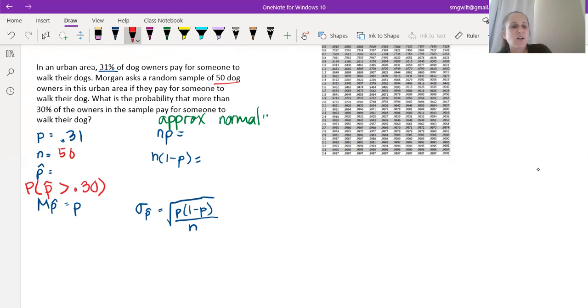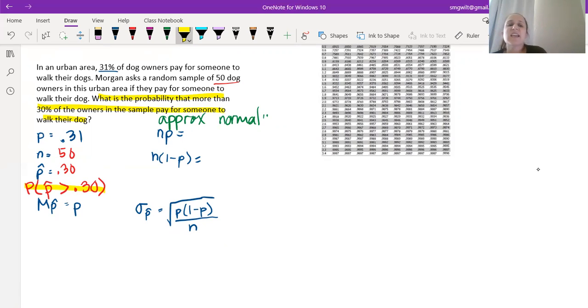So p hat is our 0.3. I'm going to highlight so that we know that's where that came from. Okay, so I want to find the probability that my sample proportion is greater than 30%, or 0.3.